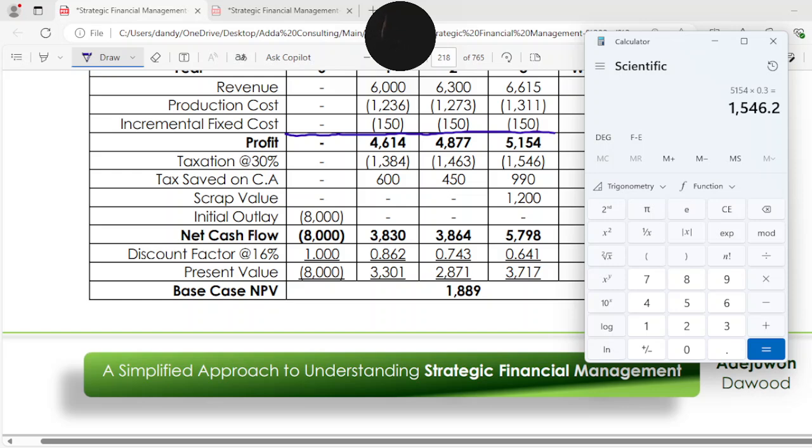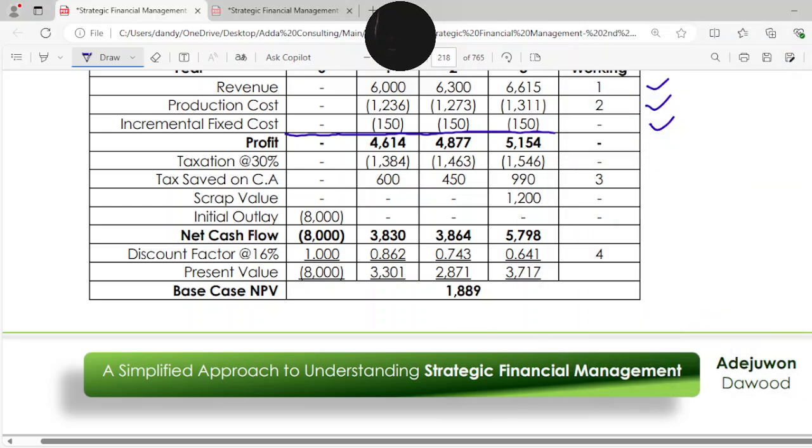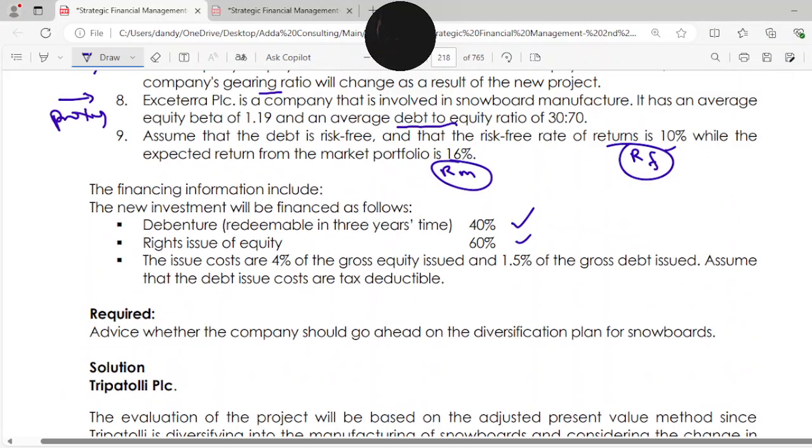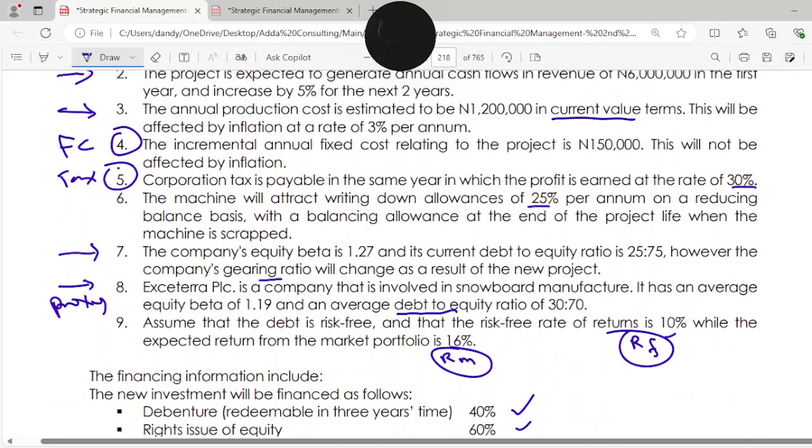So once we have this, immediately after taxation, you need to consider tax saved on capital allowance. So let us go and calculate workings on tax saved on capital allowance. How do I calculate my tax saved on capital allowance? I will go to the question, where do I have information on capital allowance? Information number 6 is the capital allowance.